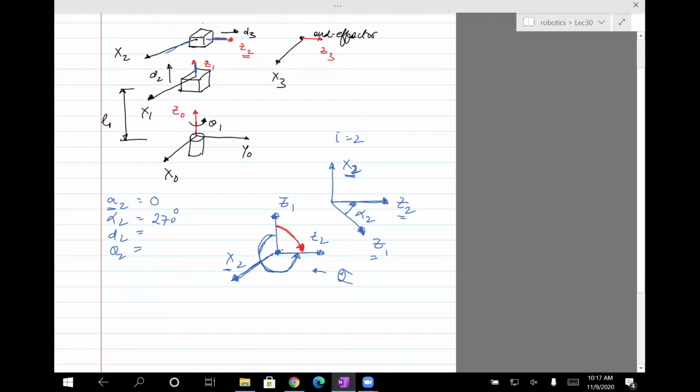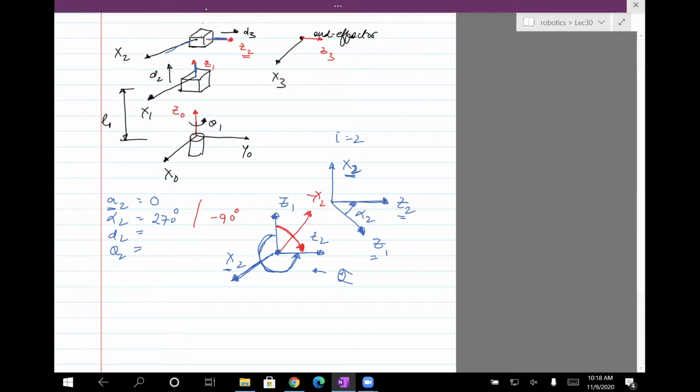In other words, your thumb will point along the minus X2 direction. If that is the case, then you will write this angle as minus 90 degrees. Either of those two answers are valid. You can put either of those two, and that will not affect the final answer. So there are two ways of writing that angle.